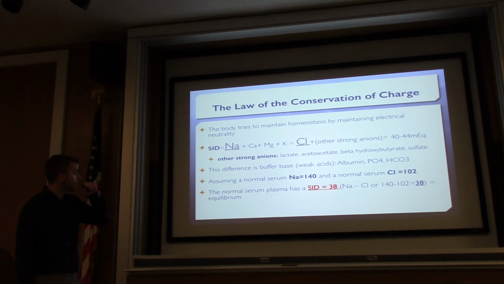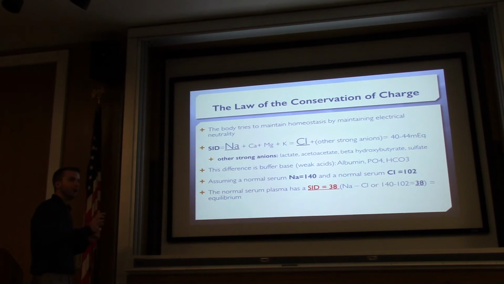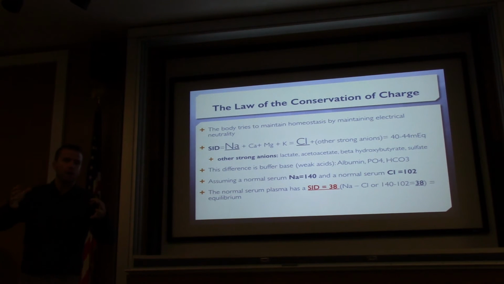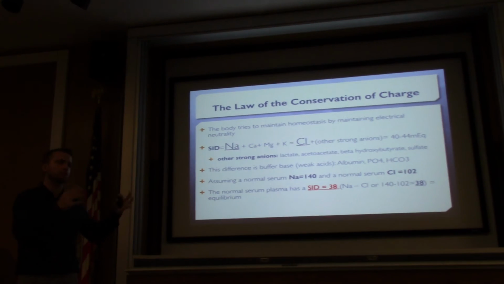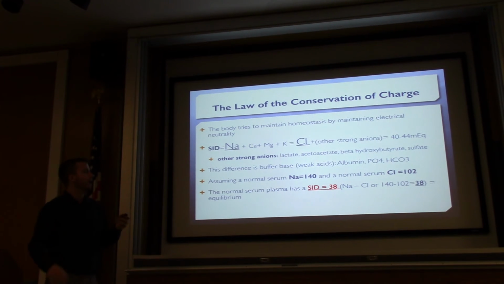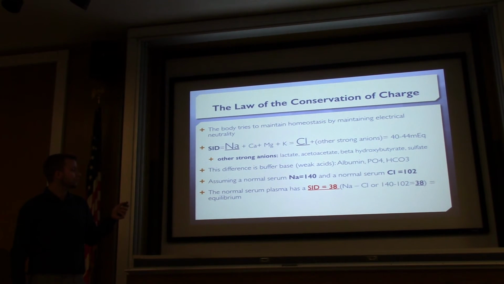All right, so it's the law of conservation of charge. Instead of saying we're going to do the anion gap, we're actually going to do the strong ion difference. And that's all of your strong cations minus your strong anions. They usually don't mention these, but if you look it up, the strong anions include lactate, acetoacetate, beta-hydroxybutyrate, and sulfate.